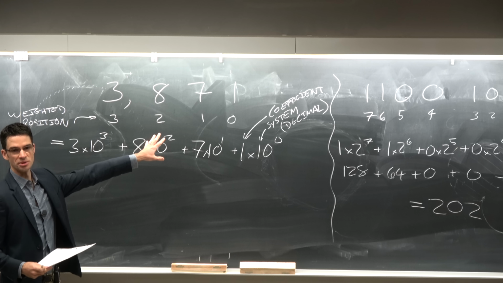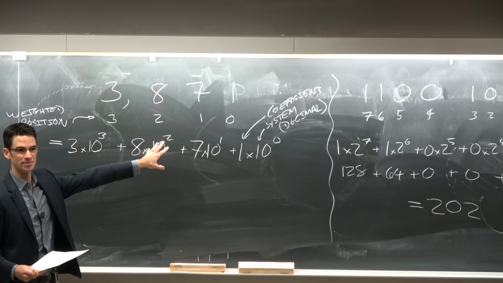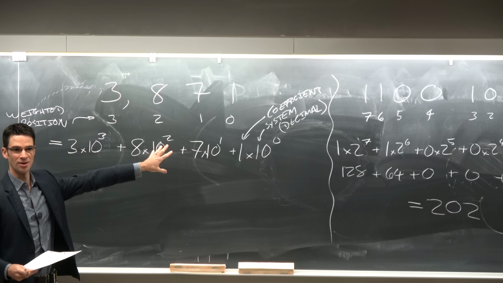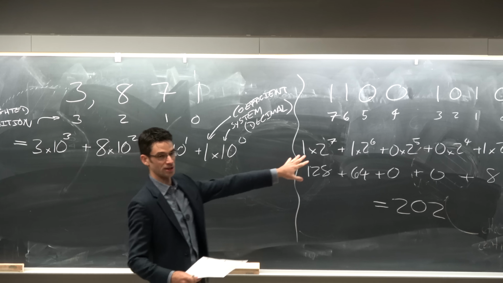Easy for us because we're good at effective complexity. We're good at memorizing all the meanings of all 10 symbols here. This is easy for a computer. Converting the other way is a bit more tricky.